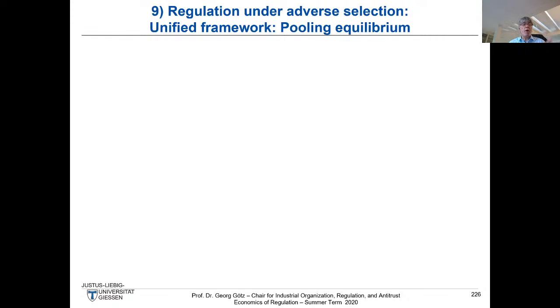Then we looked into the Baron-Myerson and Laffont-Tirole model, where unfortunately full information contracts don't work, but if we observe the incentive compatibility constraint, we really can reduce the rent of the firm and nevertheless get the gains from the revelation of the type. Now we turn to the case in which the asymmetric information is really socially costly, in the sense that it doesn't make sense to induce truthful revelation, or it's not even possible.